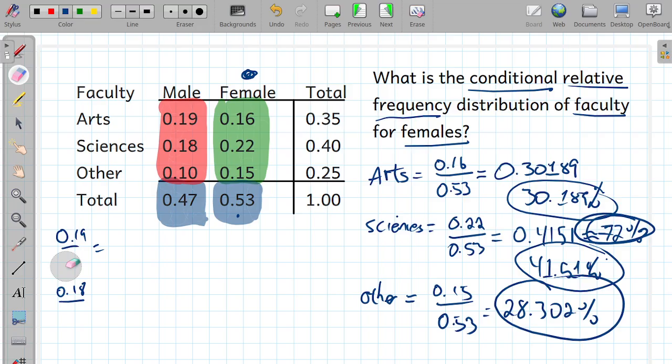The ad was running, and then I'm back here. It's not 53 anymore. It's 47, right? New denominator because we're in a new column. And 47, that's supposed to be a 4. And then we have 0.10 out of 0.47. So if we do all this, we will also get our percentages.